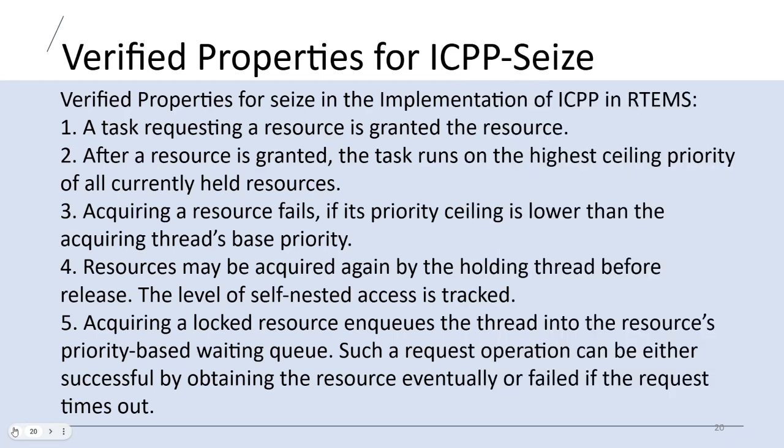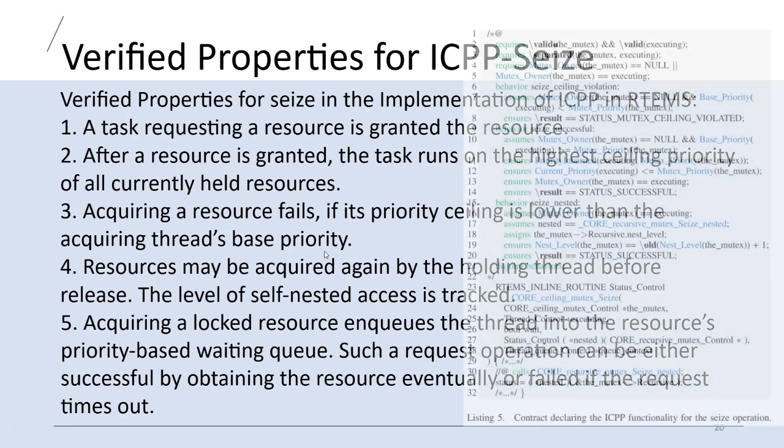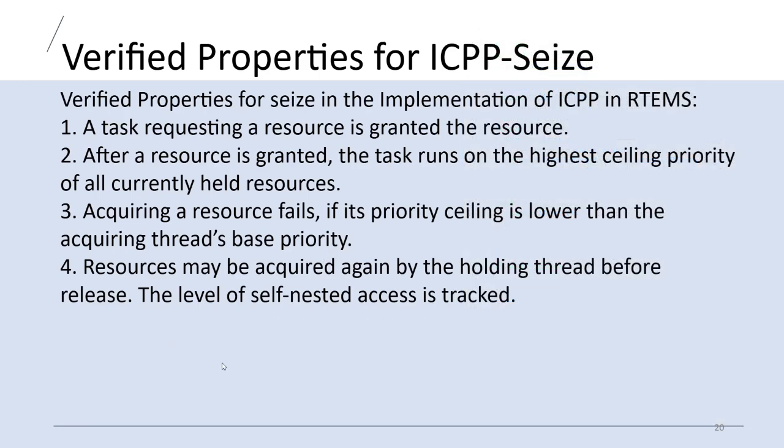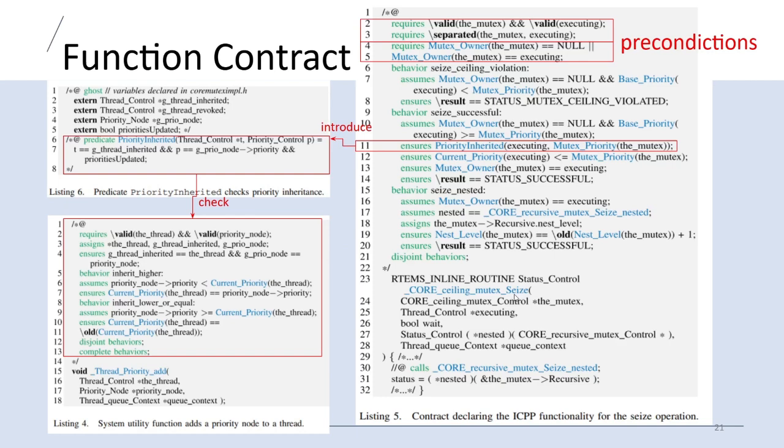That is, acquire a lock resource, enqueue the thread into the resource priority-based waiting queue. The request operation can be either successful by obtaining the resource eventually, or failed if the request times out. As a result, the fifth case will be excluded from analysis, making a notion for the core mutex seize function unnecessary. This is a function constraint.